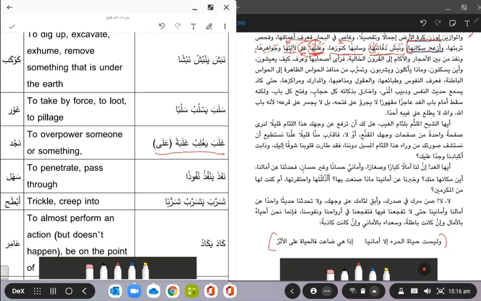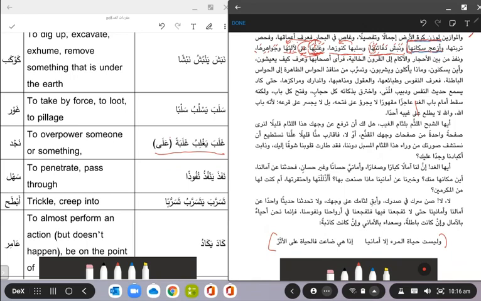What did he overpower? And he overpowered its pearls and its treasures. If you really wanted to translate it literally, you would say, and he overpowered it, comma, its pearls and its treasures.